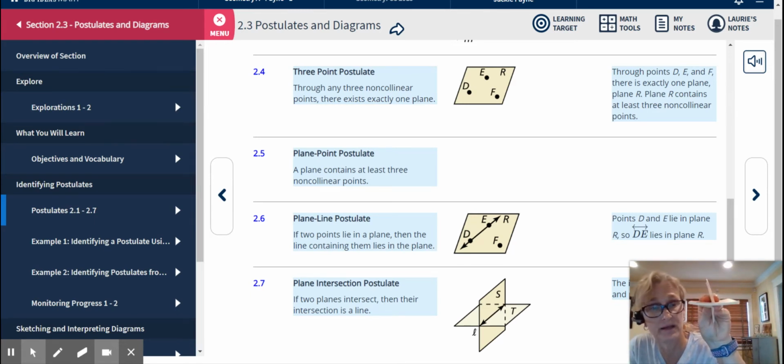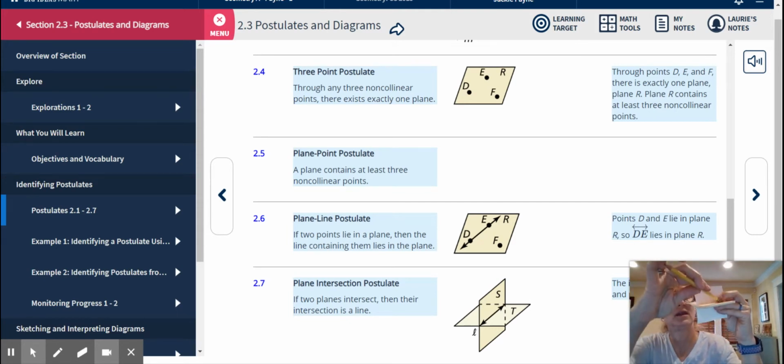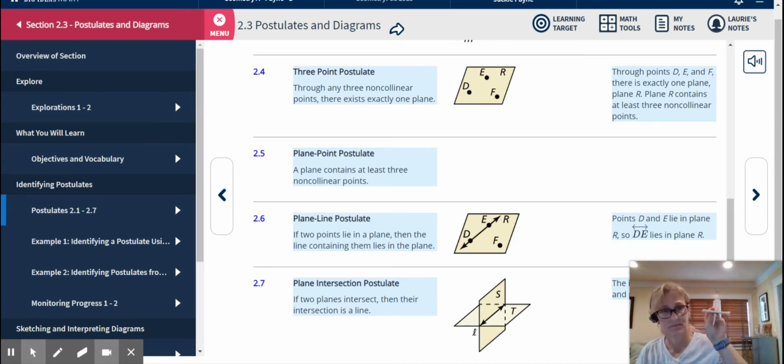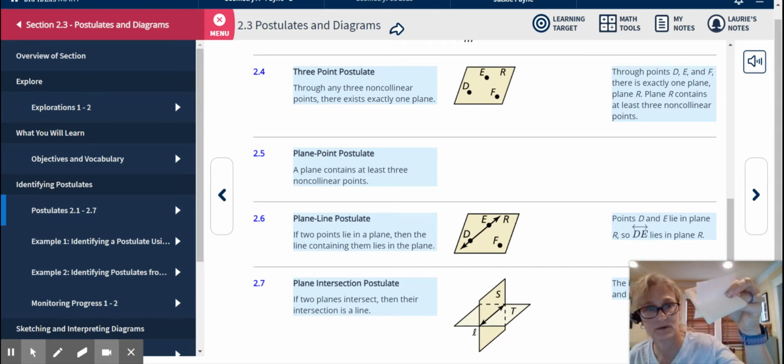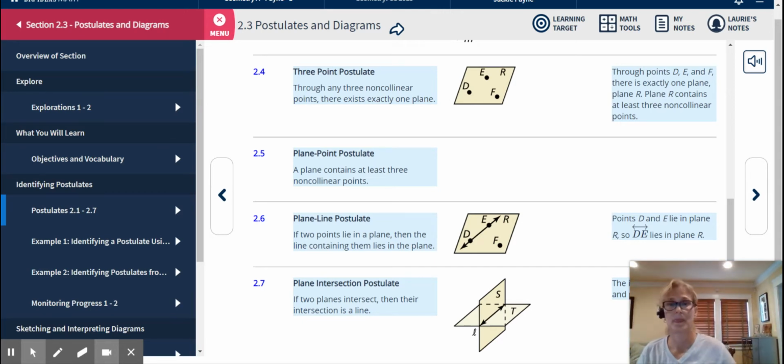These are 2 planes, and their intersection is this line along here. That's their intersection. The line itself is the intersection. You can see that right there if you turn it sideways. Okay, and those are the 7 postulates that we're going to use to do these problems. So you're going to practice looking at pictures and interpreting them, and then you're going to practice saying which postulate is necessary.